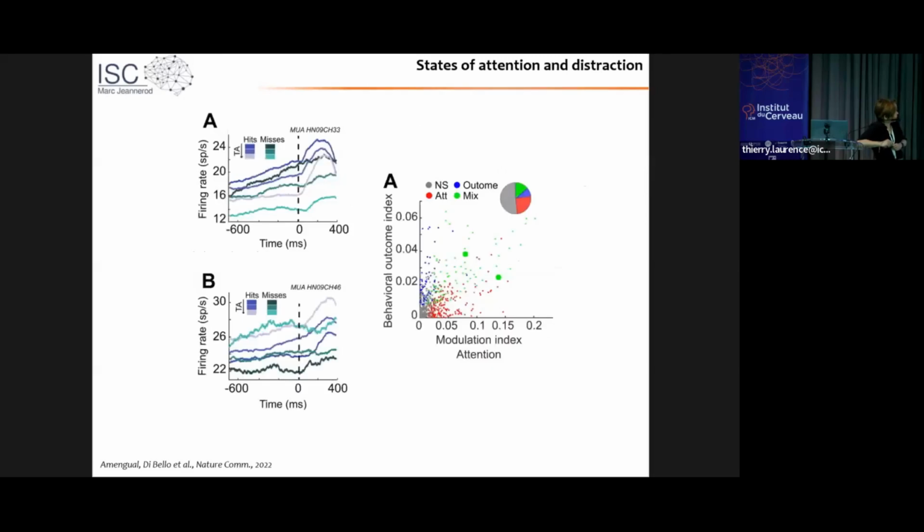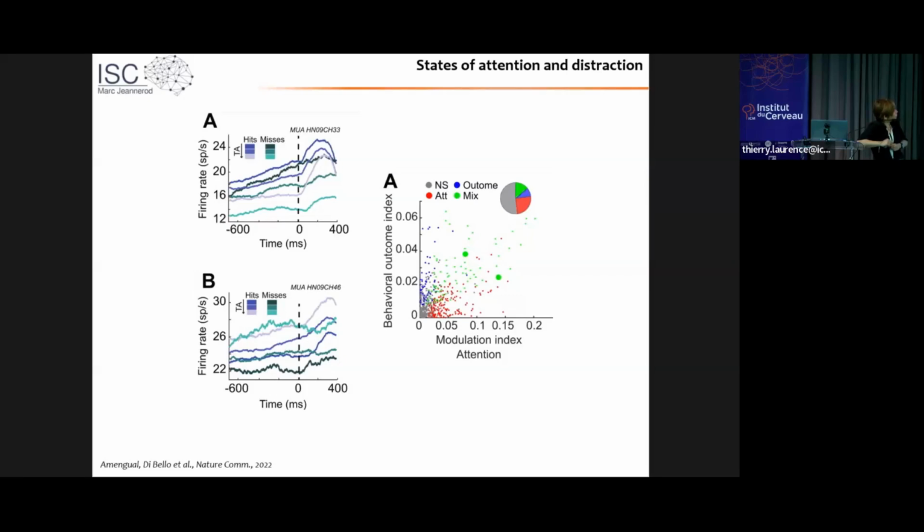If you look at these single neuronal instances, what I'm plotting in color here, so this is one single neuron, this is target presentation. In blue shades are trials in which the monkeys produced a correct response. In green, trials in which the monkeys produced misses. And these trials are separated as a function of the distance between the attentional spotlight and the target.